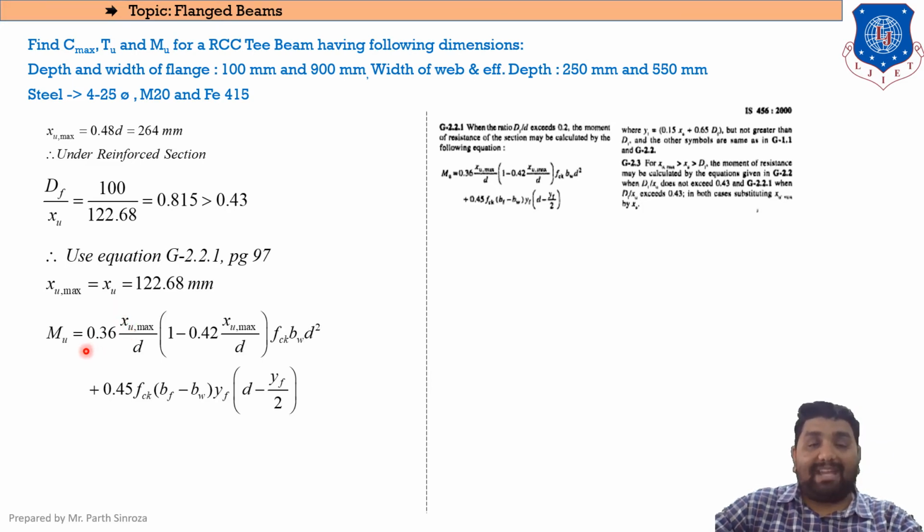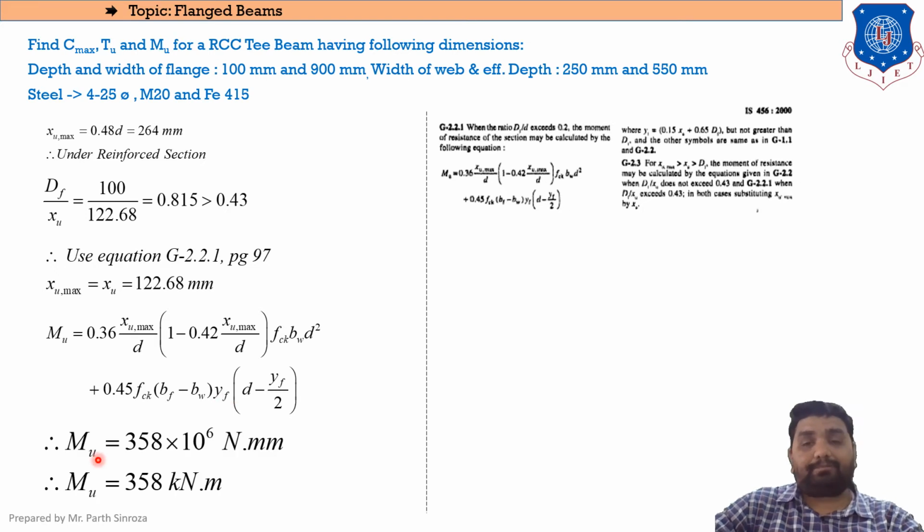So this equation, Mu equal to 0.36 XU max by D, 1 minus 0.42 XU max by D, fck bw d square plus 0.446 fck (bf minus bw) yf (d minus yf by 2). In this whole equation, we have to substitute the term XU max by XU. Solving it, we get 358 into 10 raised to 6 Newton mm, or converting it into kilonewton meter, it comes out to be 358 kilonewton meter.